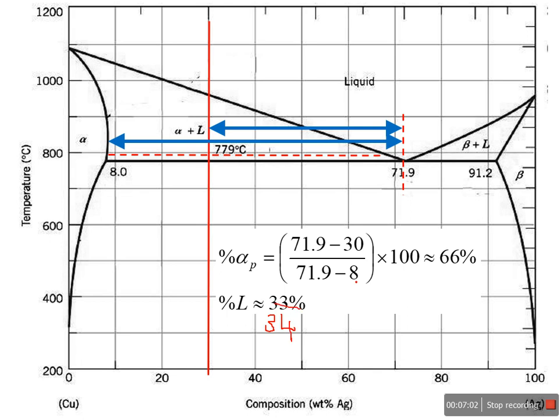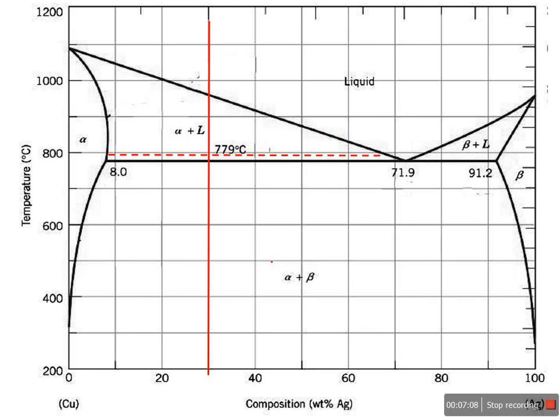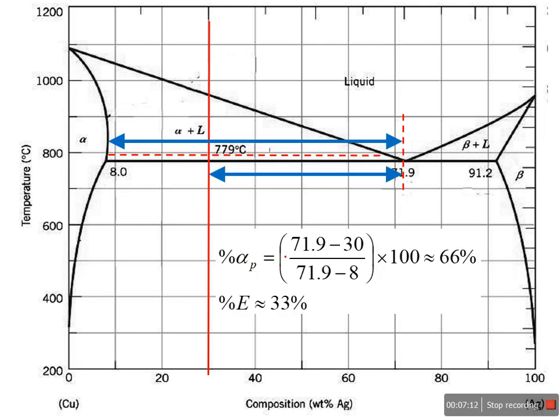Now we know that the percentage of alpha is also equivalent to the percentage of primary alpha. So the percentage of primary alpha is the same as the percentage of alpha, more or less. And the percentage of liquid is in fact the same as the percentage of the eutectic microconstituent.